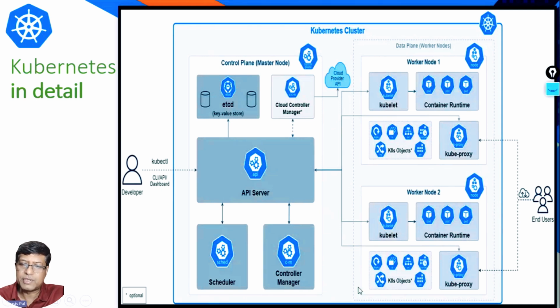These are the slaves. The master is the one which controls everything. That's why it is called the control plane. Okay, what about you? You can be a developer or a DevOps engineer knowing Kubernetes. So you will be using a CLI, a front end. You will front-end with the API server of the cluster.